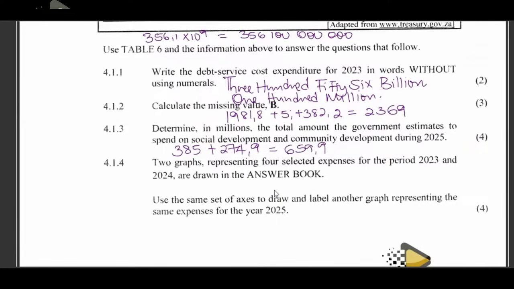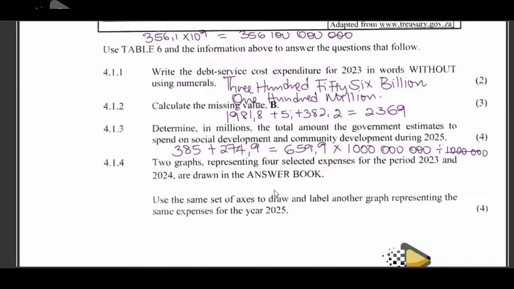But they said it should be in what? In a million. So to turn it into million, remember they are billions. So let's first turn it into billion. Then we divide it by a million.